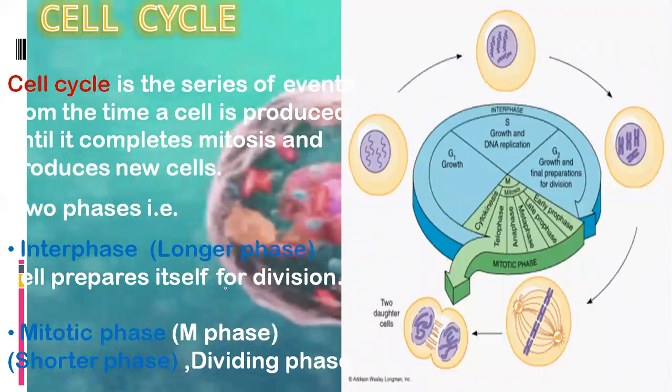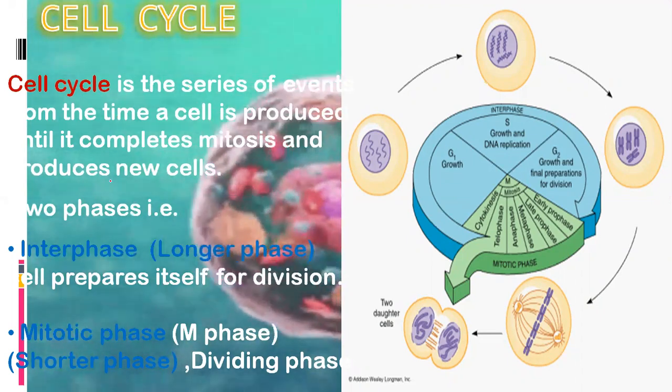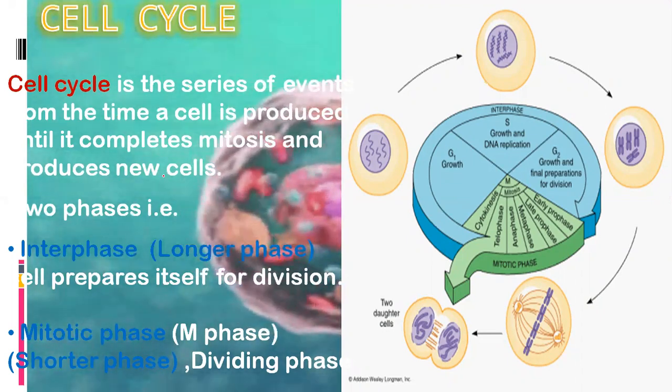So let's talk about the cell cycle. Actually, it is a series of events from the time a cell is produced until it completes mitosis and produces new cells. So it carries two phases.